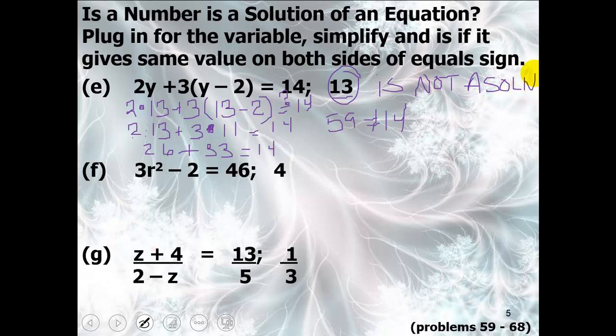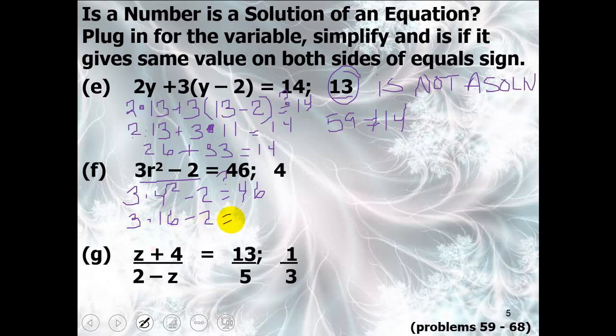All right? For example F, I'm going to plug in the 4 and simplify this side. So I have 3 times 4 squared minus 2. And I want that to equal 46 when I'm done. I have to do my exponent first. So I have 3 times 16 minus 2.